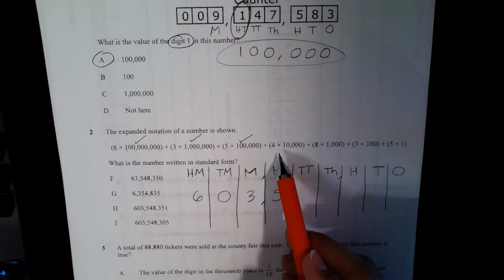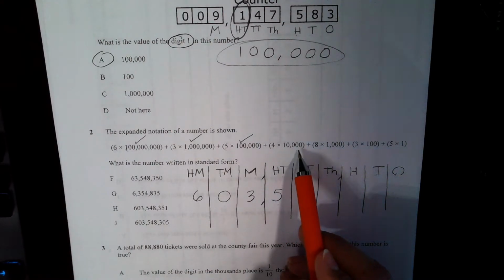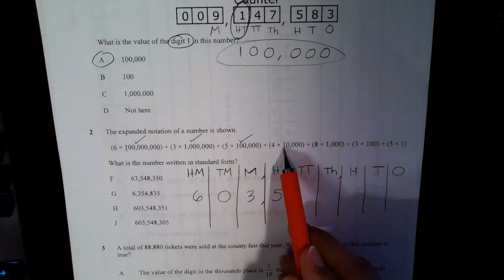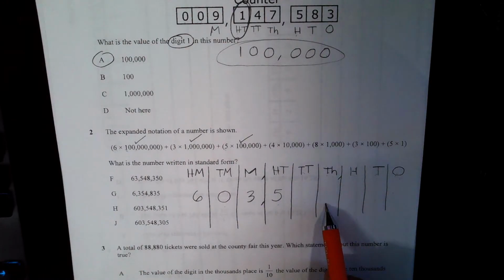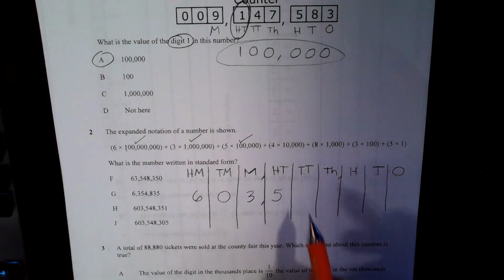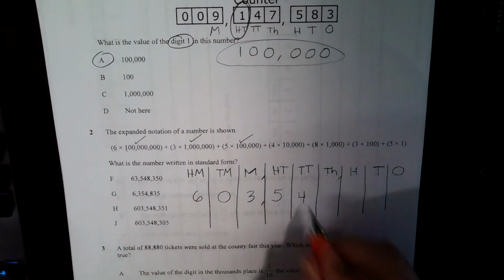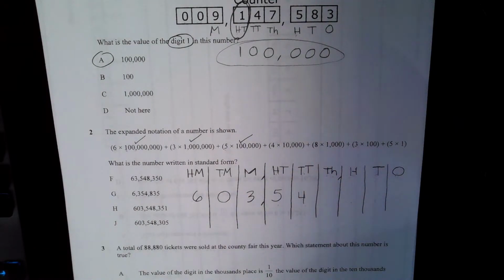The next digit is a 4. Again, we count my place values, see where to put it. 1, 2, 3, 4, 5. I'm going to go 5 place values over. That's where the digit goes.